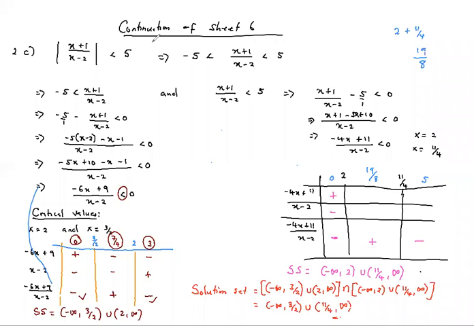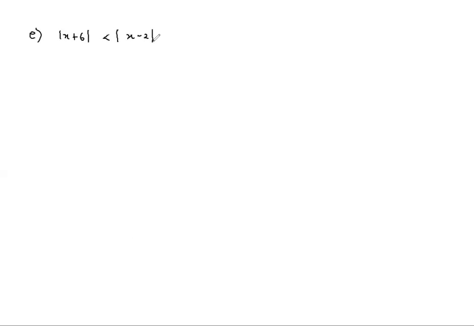Because D is the same form, D is the same as B. So I can solve E, which is absolute value of x plus 6 less than absolute value of x minus 2. There are so many ways of solving this. Because I've been using tables, now I want to change the method. So I'm going to use the square root definition of the absolute value.